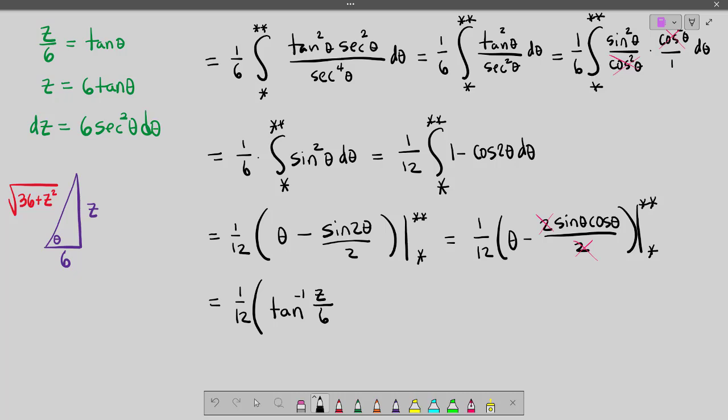And then we have a sine theta and a cosine theta. All right, so minus. Sine theta, we look at our triangle. Sine is opposite over hypotenuse, so I'm seeing z divided by the square root of 36 plus z squared. So that's sine of theta.